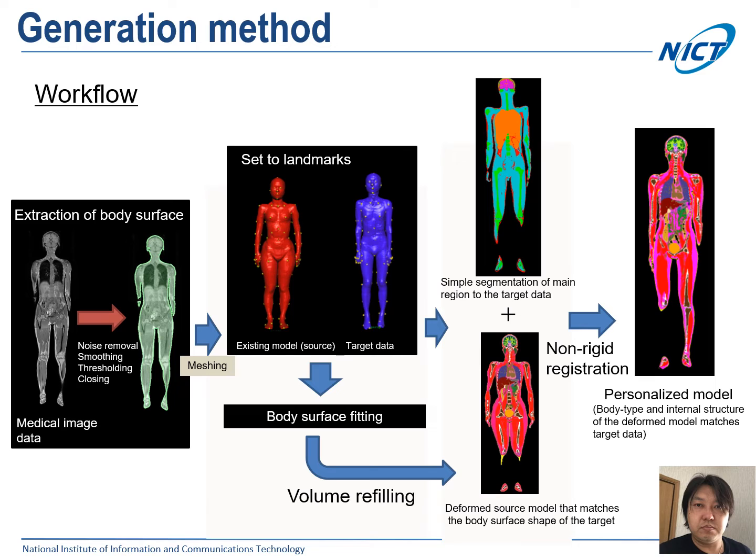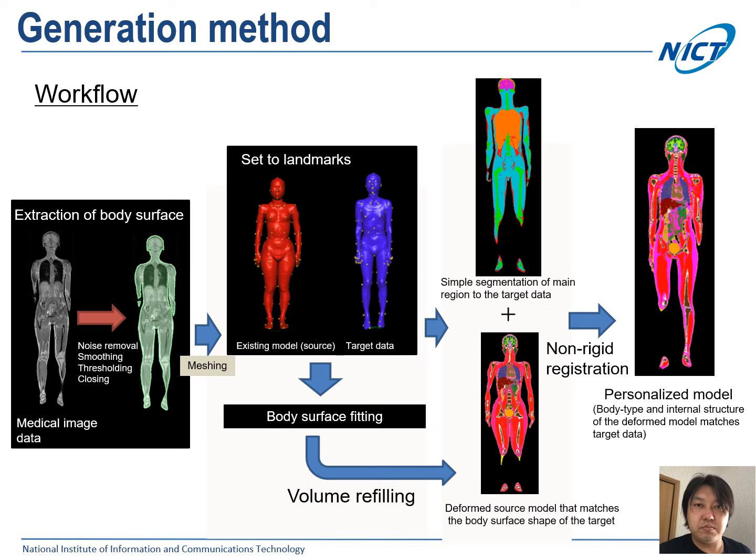Next, about 100 landmarks are placed for each mesh like these images. And then, using these landmarks, the surface mesh of the source model is deformed to fit the body surface of the target data.